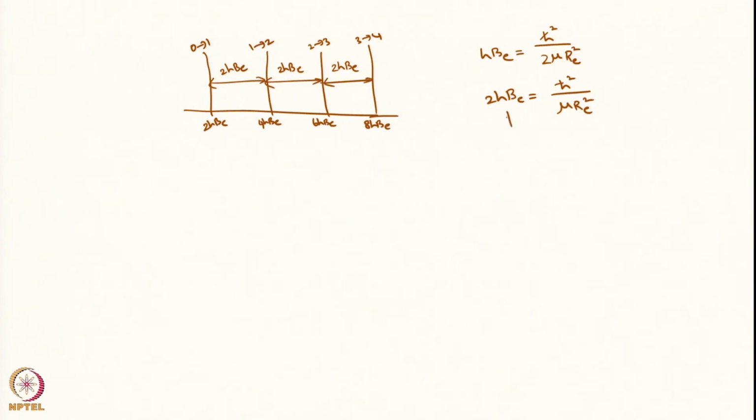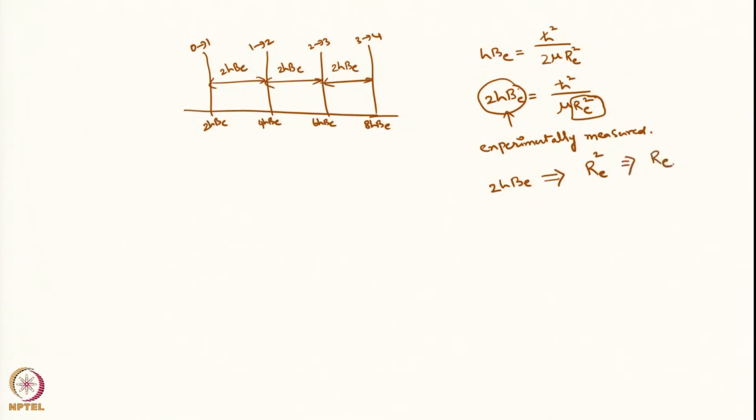So, if 2HBE can be experimentally measured, then based on this one can estimate RE square. So, 2HBE will give us RE square, in turn we can get RE.